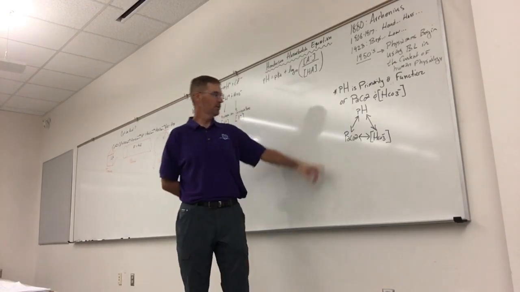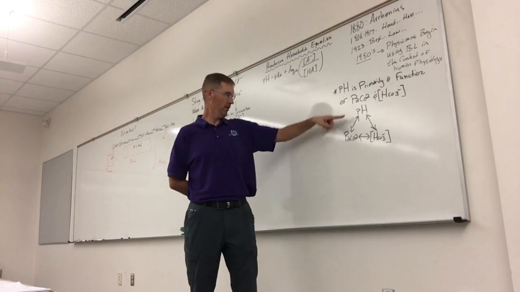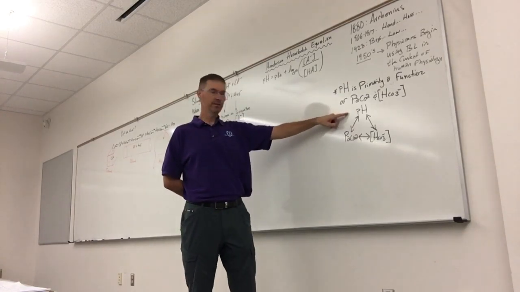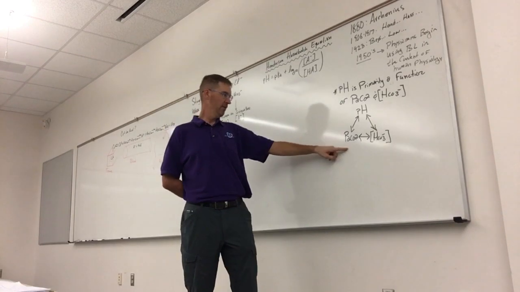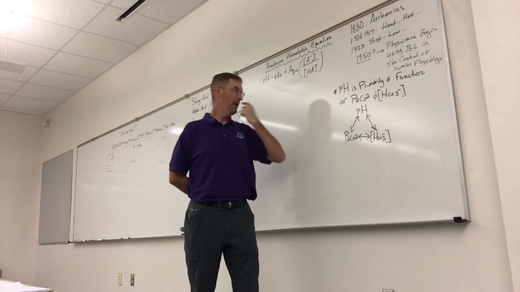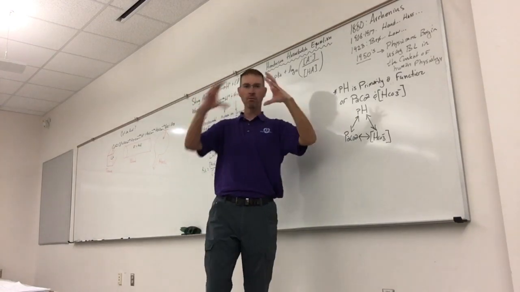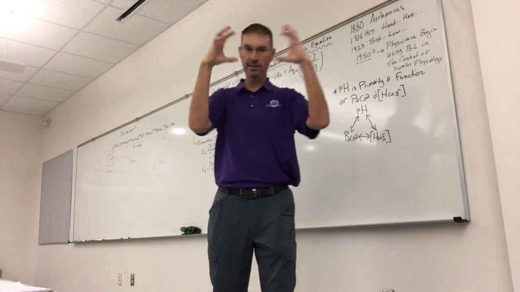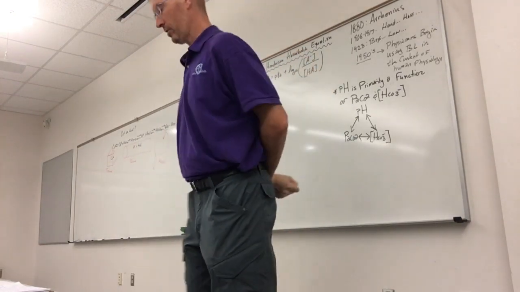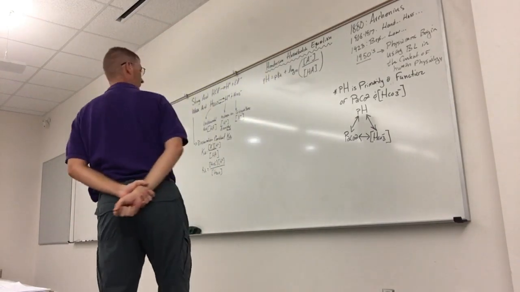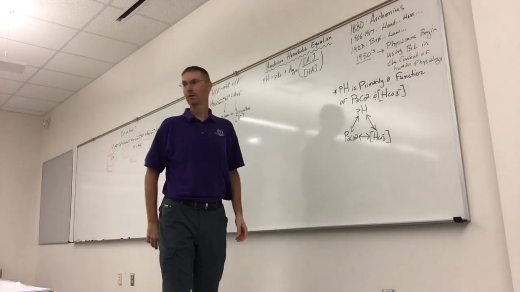So I just drew a pyramid here: pH is a function of CO2 and bicarbonate. Do you see these little brackets I put around bicarbonate? That just means molar concentration. Anytime you see brackets, we're talking about the molar concentration of it. Okay, you guys okay with that?